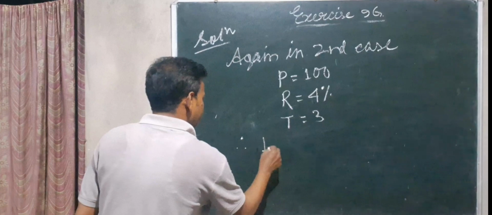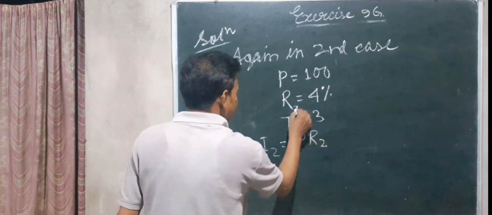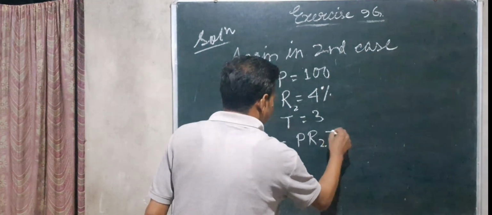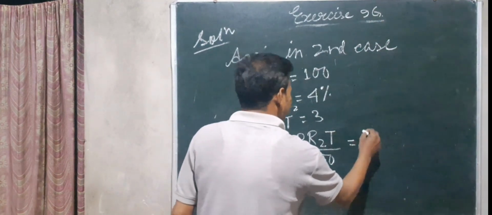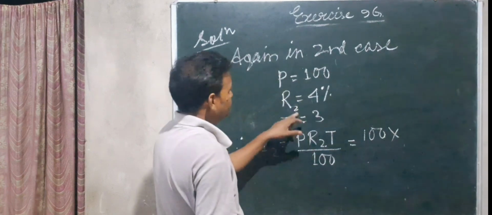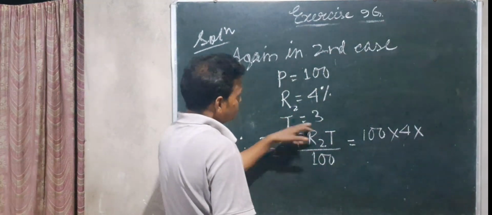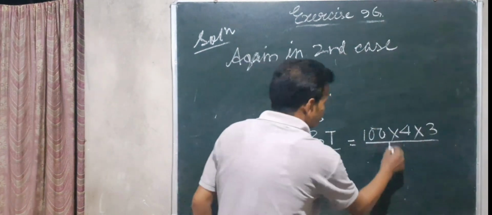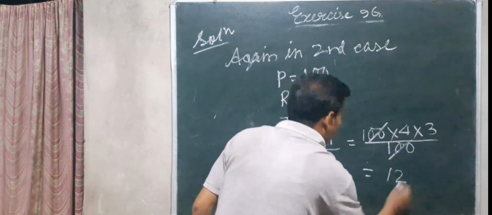Therefore, I2 equals P R2 T by 100. The value of P is 100, the value of R2 is 4, the value of T is 3, divided by 100. This 100 and this 100 cancel, 4 times 3 is 12.